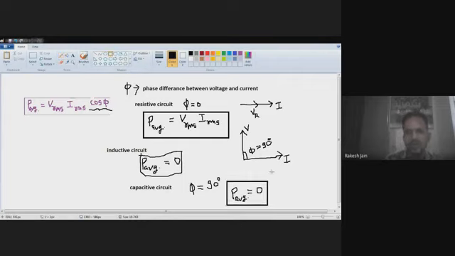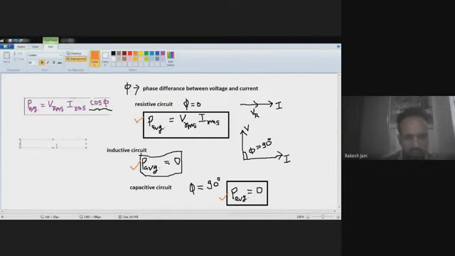So the average power in an inductive circuit is 0, and in a capacitive circuit it is 0. But in a resistive circuit, the average power is equal to Vrms Irms. Now this cos phi is known as the power factor. Our topic was the average power calculation, and the second thing is the power factor.